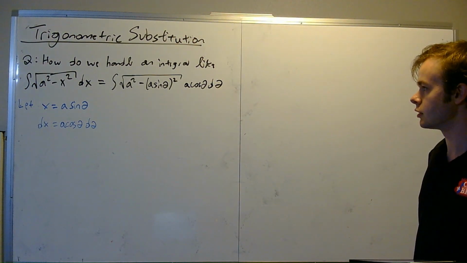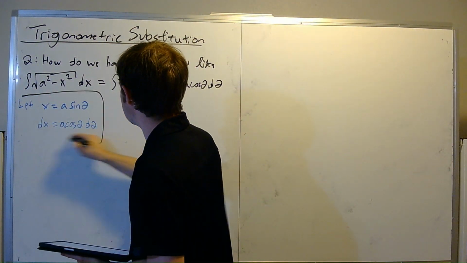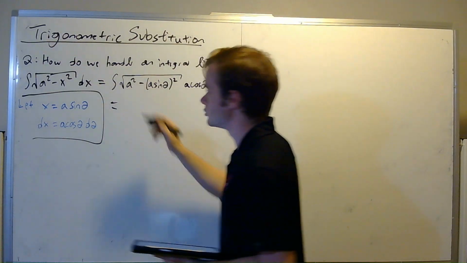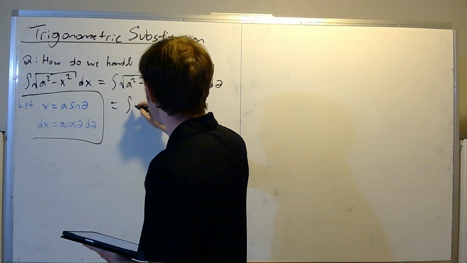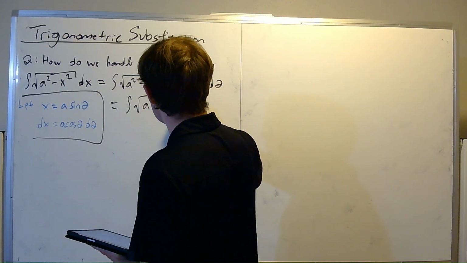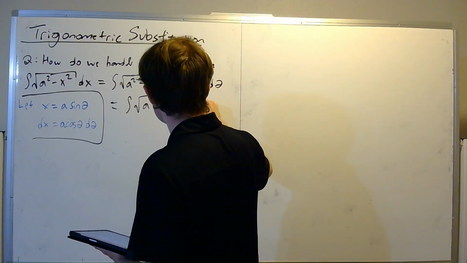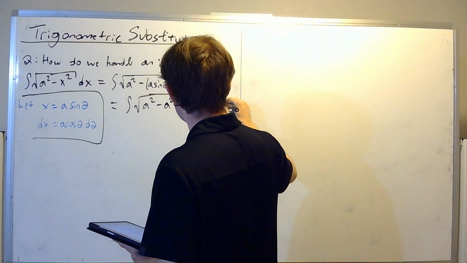Okay, so that's what we get there. Let me box this off, and we can go ahead and try to simplify this inside part a little bit more. So we've got the integral of the square root of a squared minus a squared sine squared theta times a cosine theta d theta.